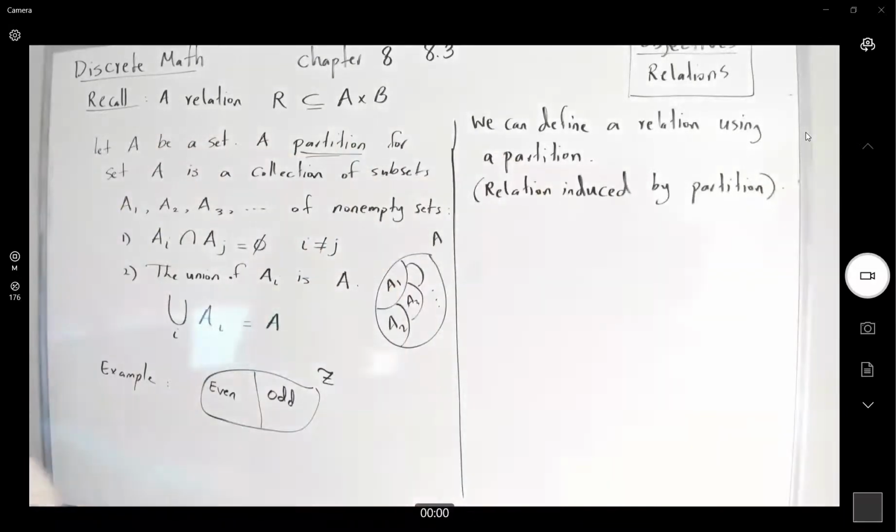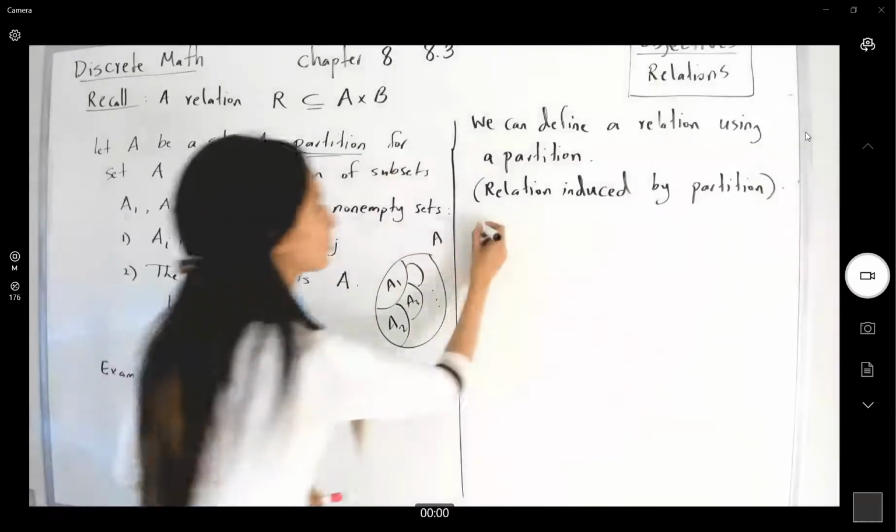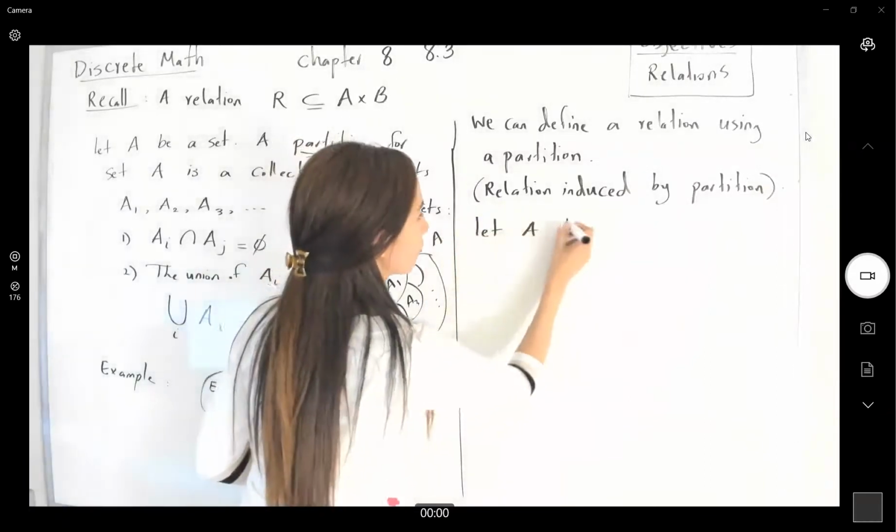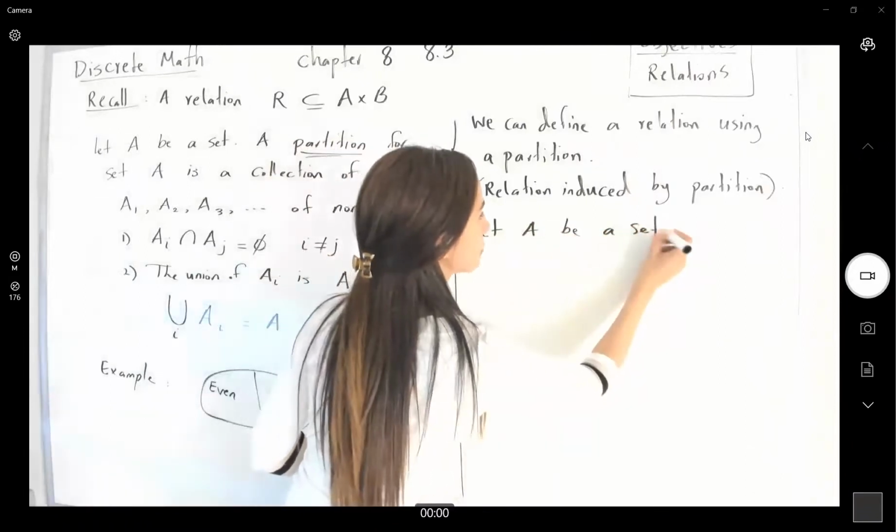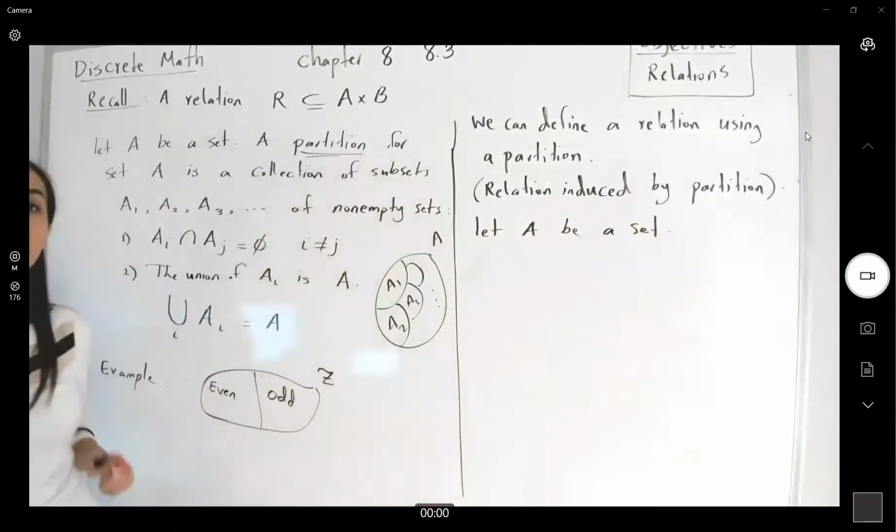First of all, suppose you have a set. Let A be a set. You're going to define a relation this way.